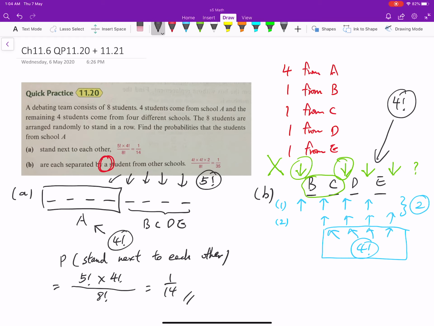Okay, so we can get the answer. Probability they are separate by 1 student of other school. So you will get, this is 8 factorial, and you just multiply all together. So you will have 1/35.